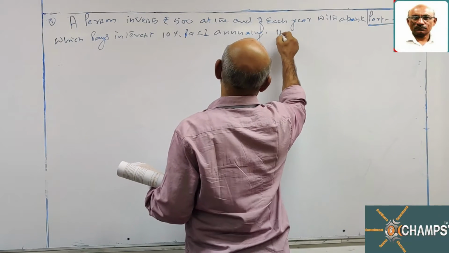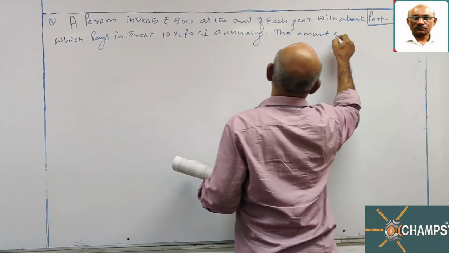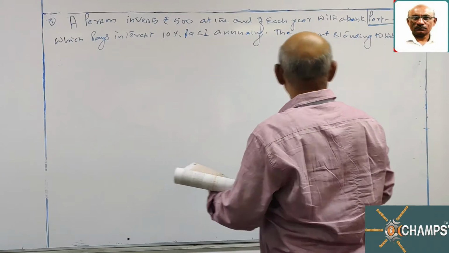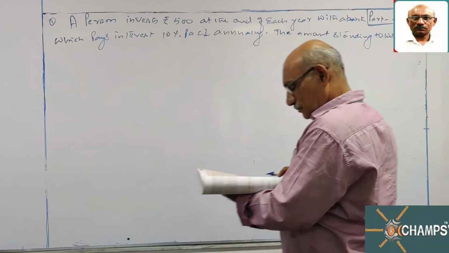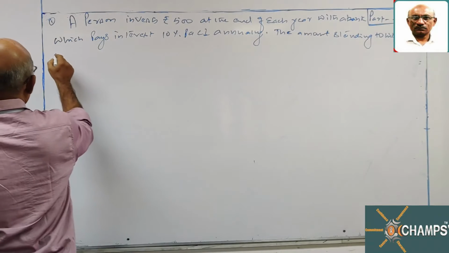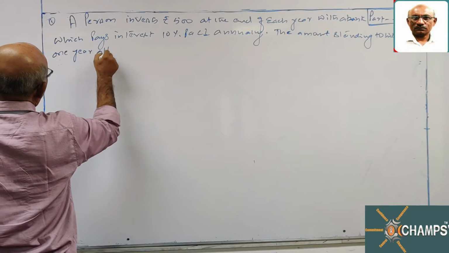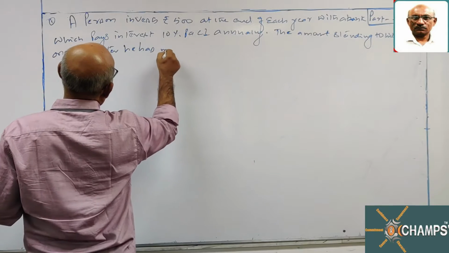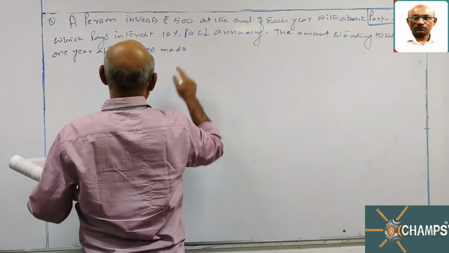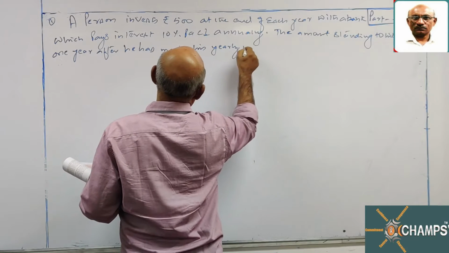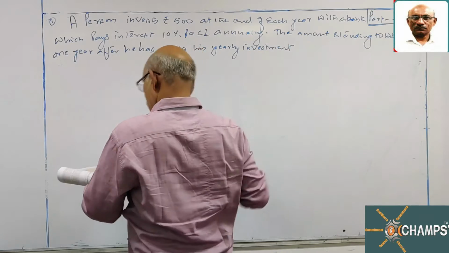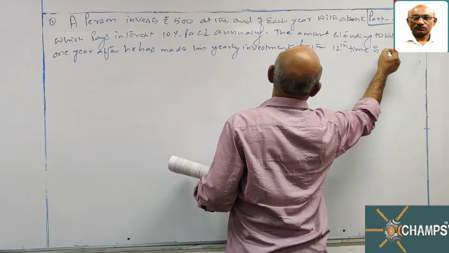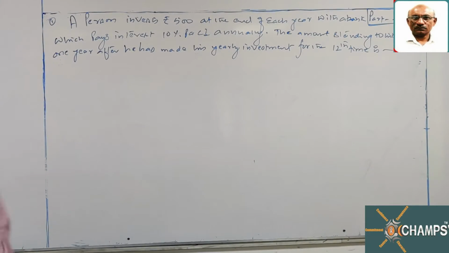The amount standing to his credit one year after he has made his yearly investment for the 12th time. This is my question.